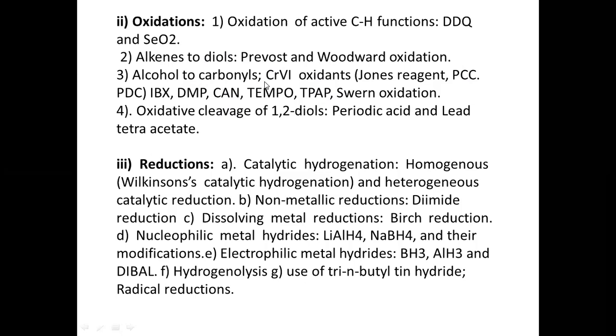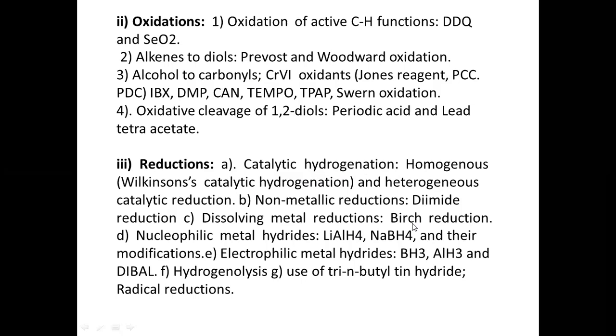Okay. Next, in the reductions, we are going to discuss catalytic hydrogenation via homogeneous catalytic reduction and heterogeneous catalytic reduction. In homogeneous catalytic reduction, we are going to discuss Wilkinson's catalytic hydrogenation by using tris(triphenylphosphine)rhodium(I) chloride, that is Wilkinson's catalyst. Next, non-metallic reduction by using diimide. Next, dissolving metal reduction, that means metal dissolved in an acid or base.